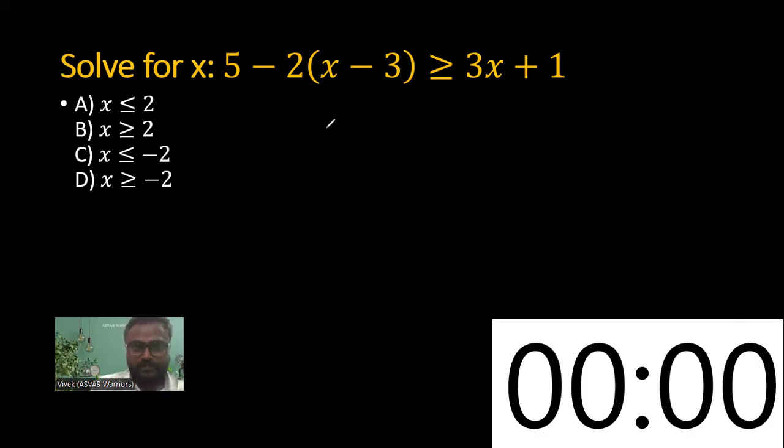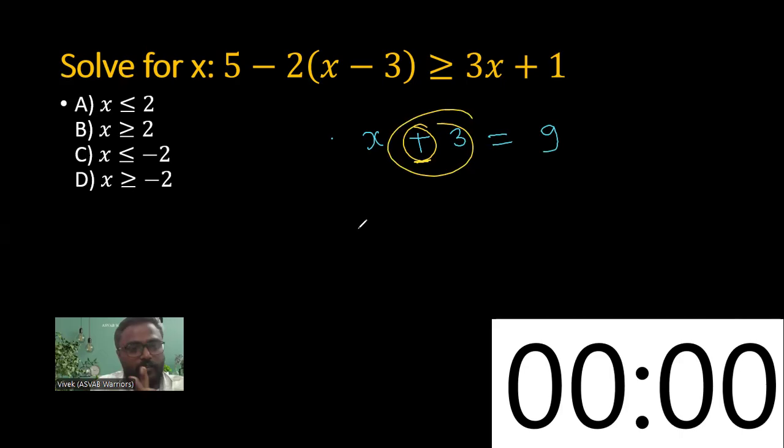So first thing, remember, let's say x plus 3, and for now just consider it is equal to 9. Whenever there is an addition in an equation like this, you need to do subtraction. How are you going to eliminate this 3? It is added, so you just need to subtract.